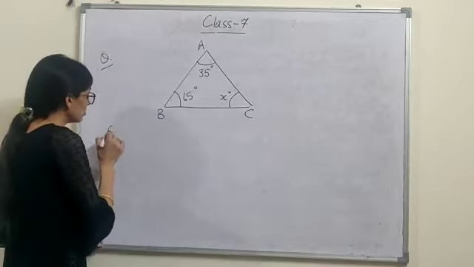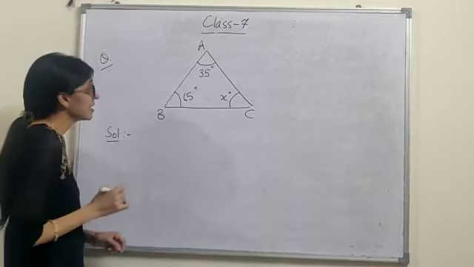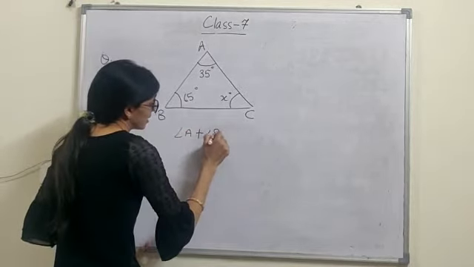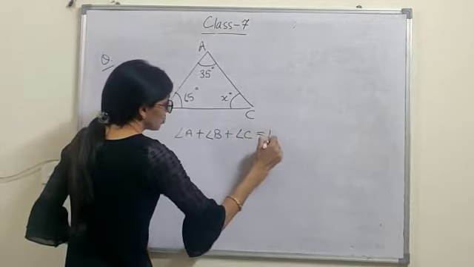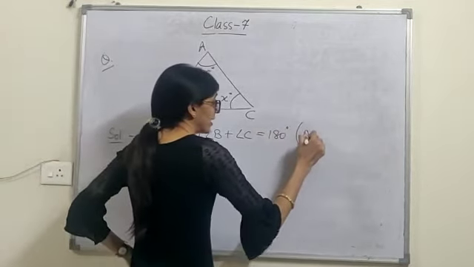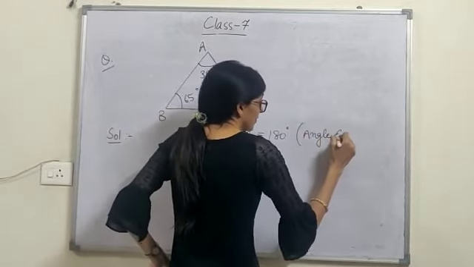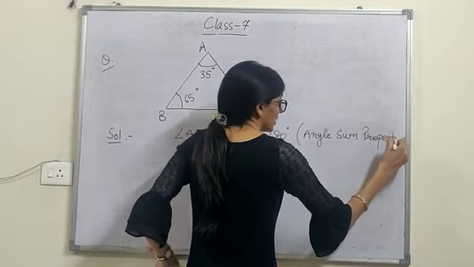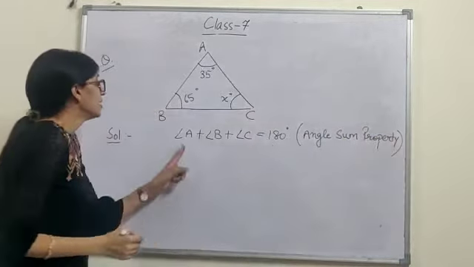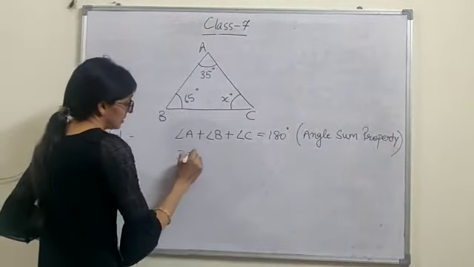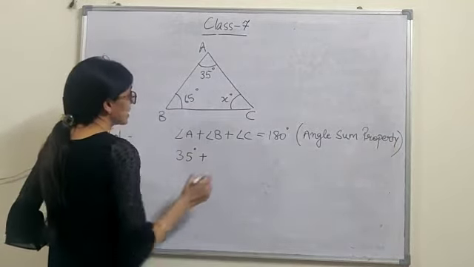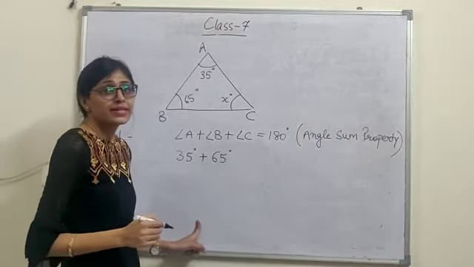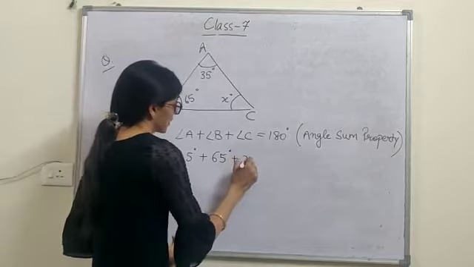So what will we do? The angle sum property. Angle A plus angle B plus angle C equals 180 degrees. Don't forget to write the reason. Angle sum property. Right? What is angle A? 35 degrees. What is angle B? 65 degrees. What is angle C? x.